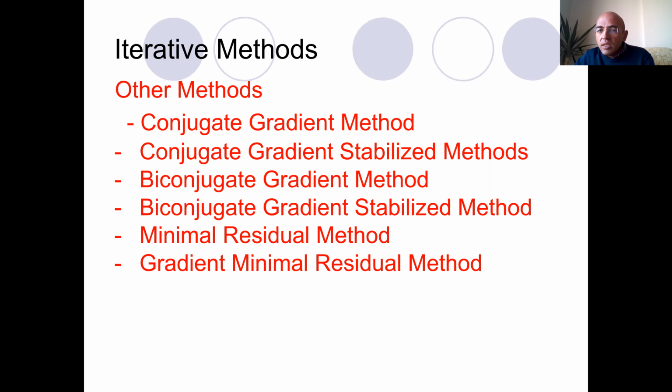Others are the conjugate gradient stabilized method, the biconjugate gradient method, the biconjugate gradient stabilized method, minimal residual, and generalized minimal residual method. So these are the other iterative techniques. Certainly you can use under relaxation or over relaxation with these iterative techniques. Just have a look at the internet or books on numerical analysis.